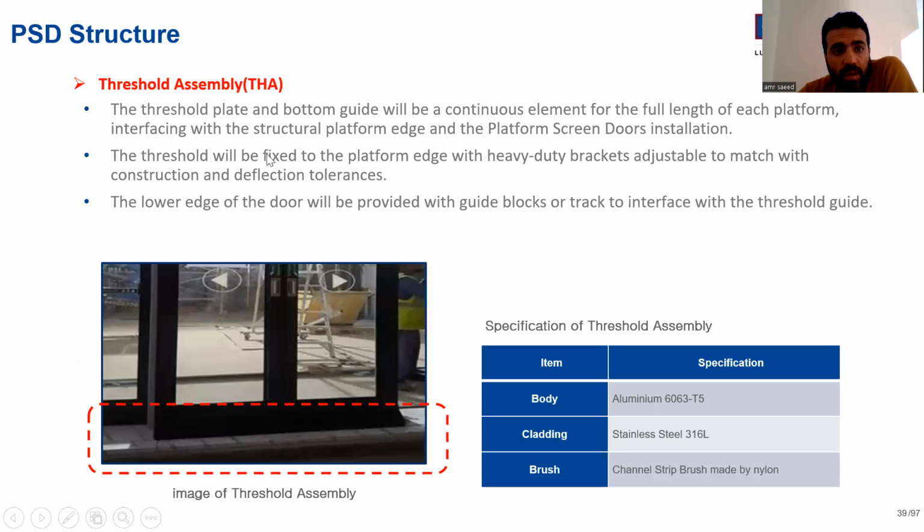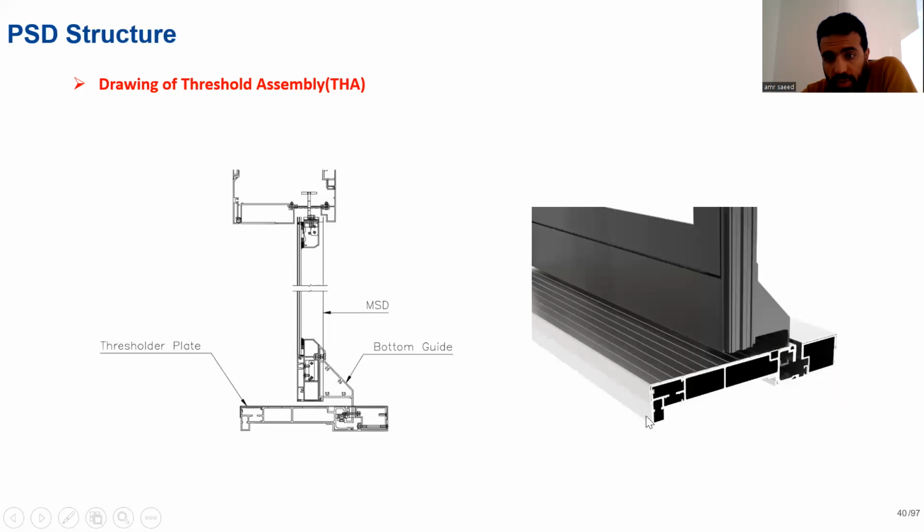And this is the threshold assembly, which you can see here, and this is the interface between PSD and civil works. During your installation, you have to confirm that it's correctly installed. Any deviation from the design will affect the performance of the system.